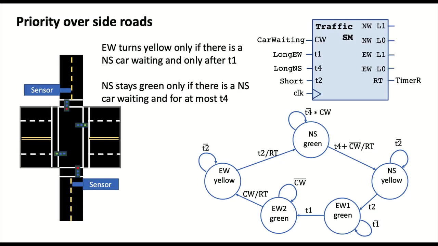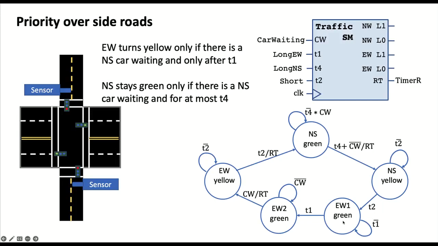Car waiting and T1. Yeah. Well, the question is, is T1 going to stay high? You have to reset it as well when you transition from East-West 2 to yellow. Well, sorry, okay, it got reset here. I forgot that. Let's say it's reset here.